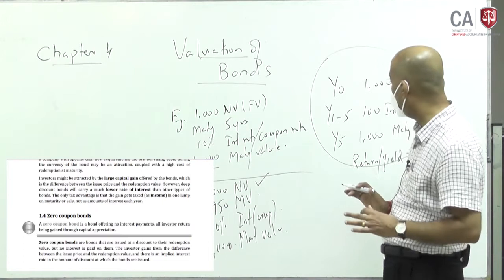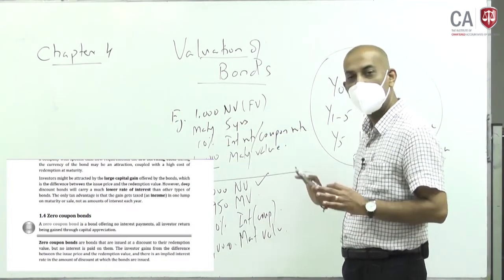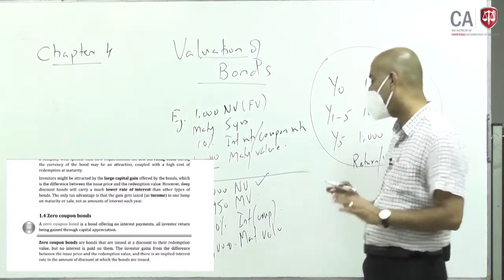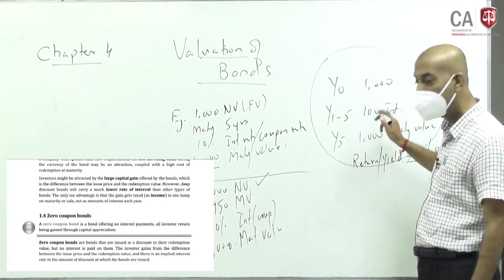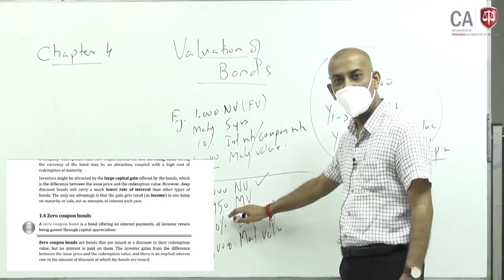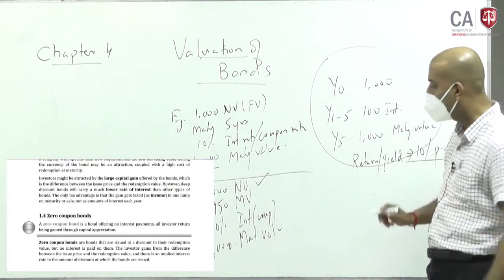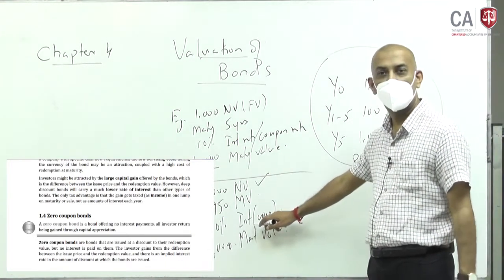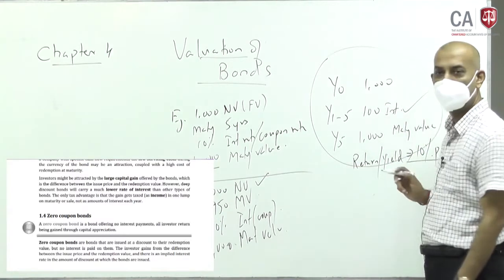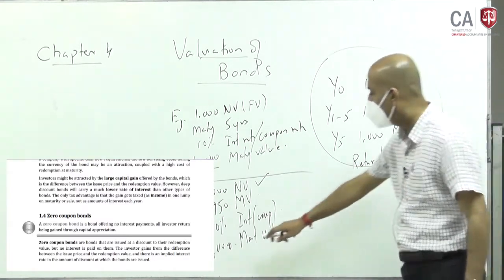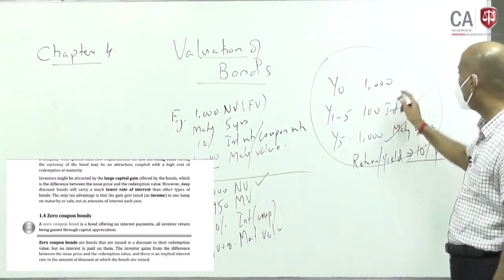Now please understand the difference between the initial example and now. What has changed? Instead of investing 1000 rupees, you are going to invest 950 as an investor. So today you have to invest 950, not 1000 rupees. But annually you get interest at 10%, that is the coupon rate, which will be the same 100 rupees. And maturity value again, you will get the 1000 rupees. So what's going to change?